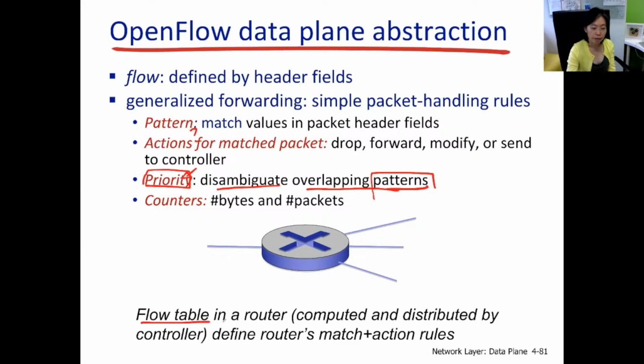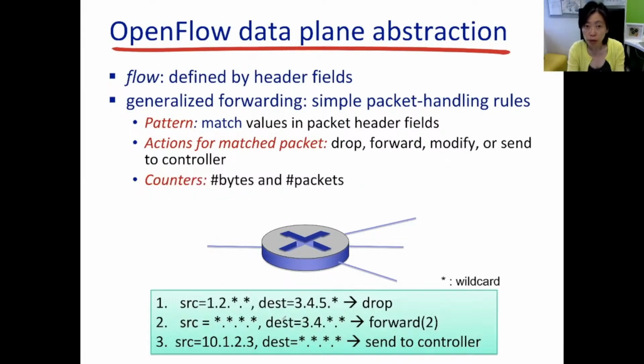Okay, so the forwarding table in the router has 4 columns, and it defines how the SDN handles a packet. It defines the match and action rules. To be more concrete, let's look into 3 examples. In all 3 examples, we look at the source address and the destination address header fields. In example number 1, we match the source address being 1.2.*.*, where the asterisk means wildcard, meaning arbitrary values for the last 2 octets.